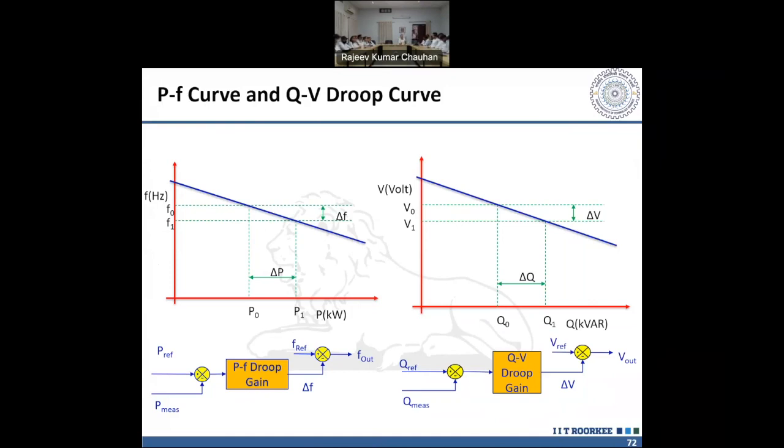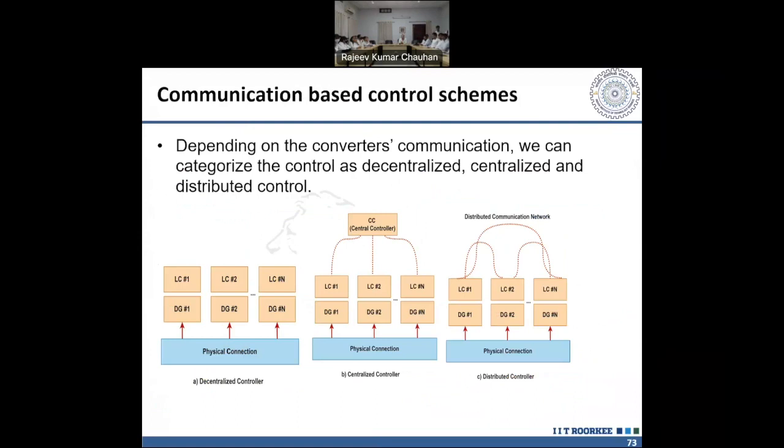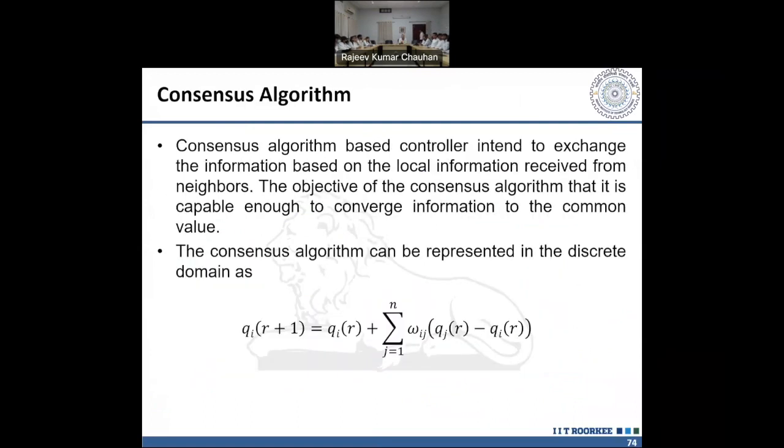So in primary control, I have only this. Here in this approach, we are using the distributed control approach. This is called the consensus algorithm, which is used to control the voltage and frequency.